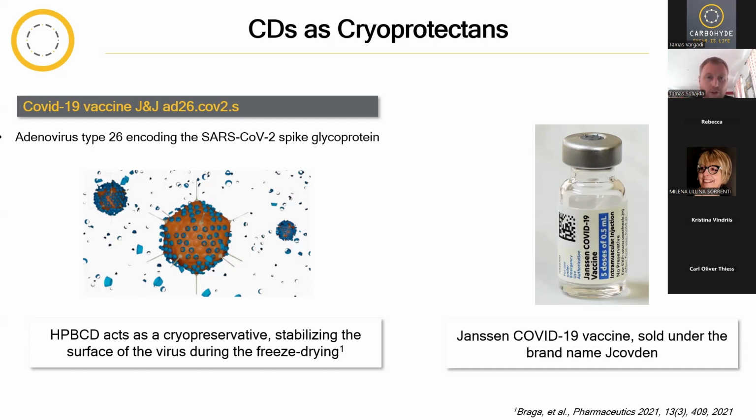So cryopreservation is also a possibility. And of course, if you use cyclodextrins, all these positive features of the compound come together. So the stabilizing and the cryopreservative effect will be simultaneously present in such a formulation.